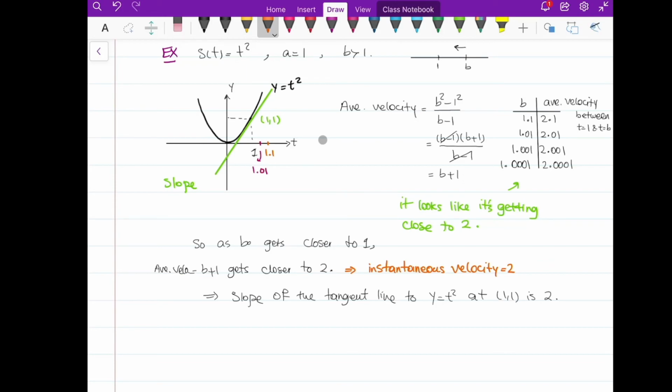Our goal is to develop this idea in general, and when we develop it in general, it has a name, which is called limit.